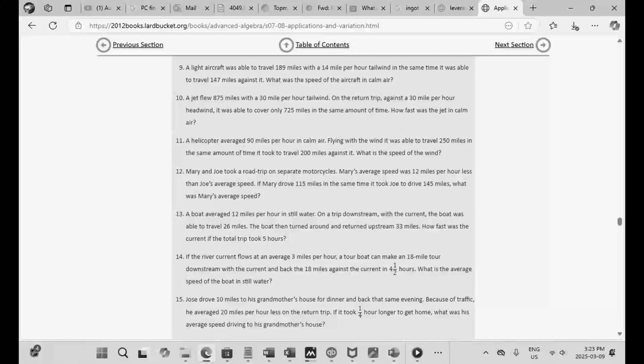And 90 minus W equals a certain amount of distance. So that will be 90 plus W into time equals 90 minus W into time. Speed will be miles per hour. Let's go ahead and write this down.